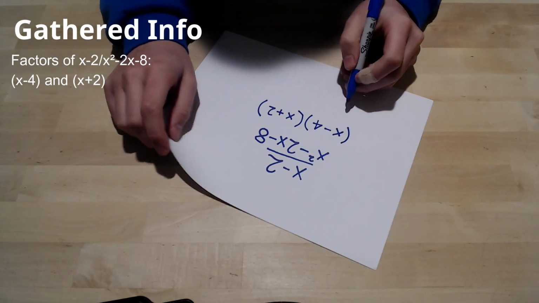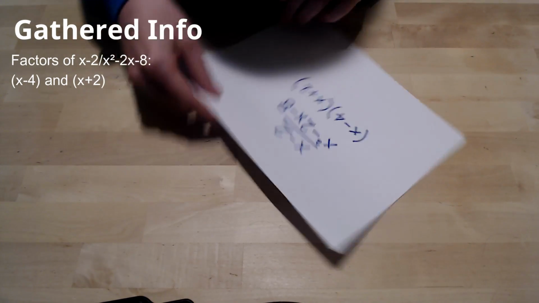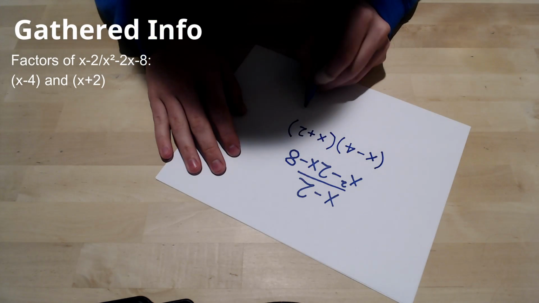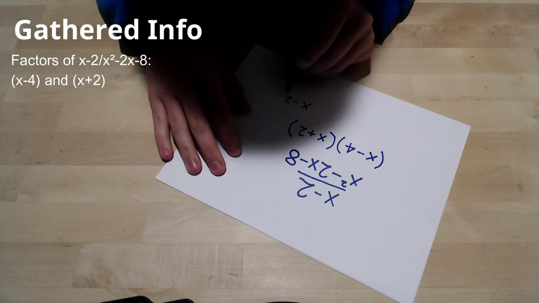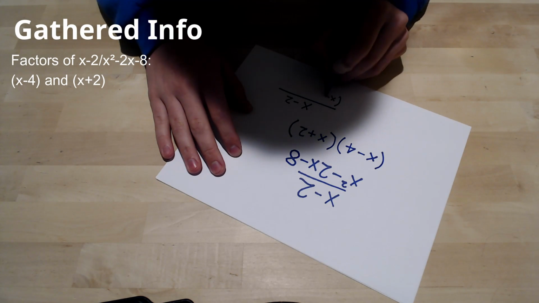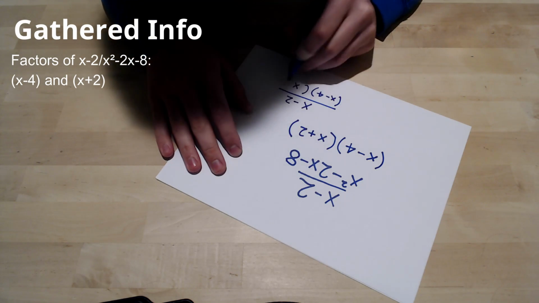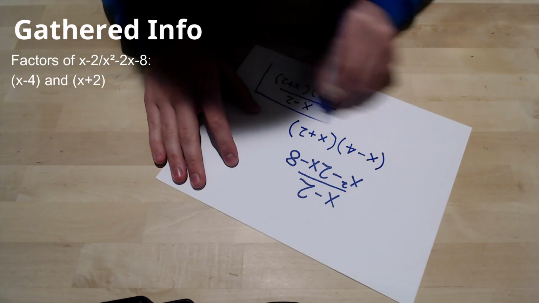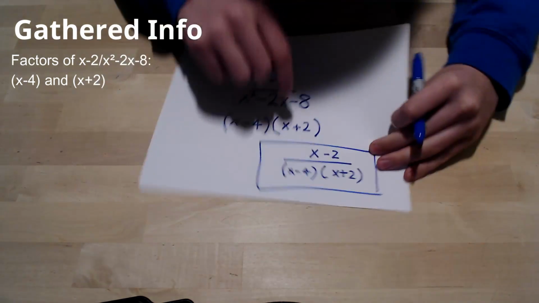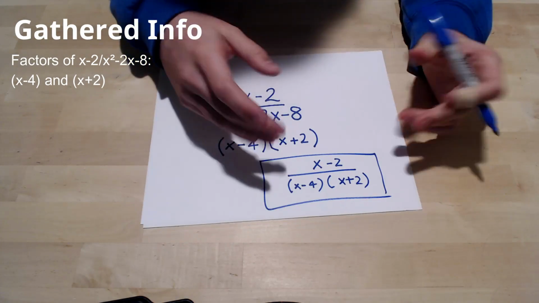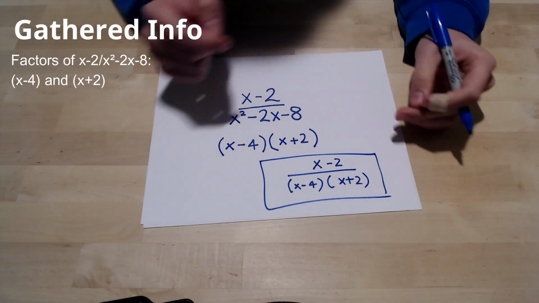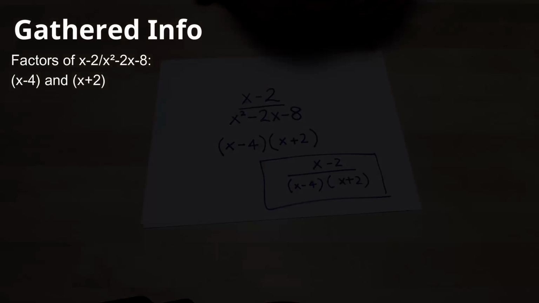So our new equation will look like x minus 2 over x minus 4 times x plus 2. This one right here. And this will be the basis for pretty much everything else we do in the problem when we figure out how to actually graph it.